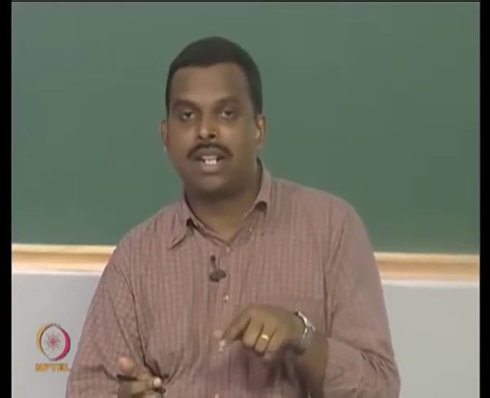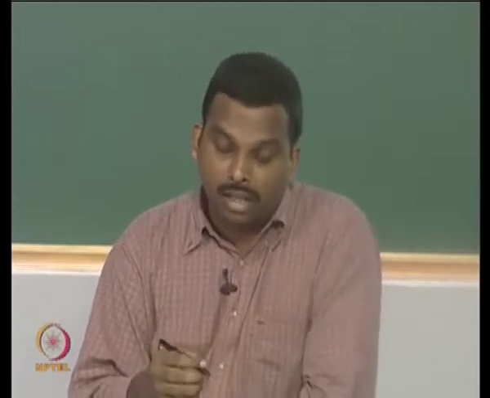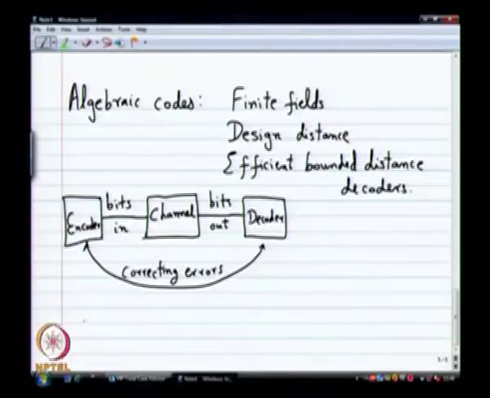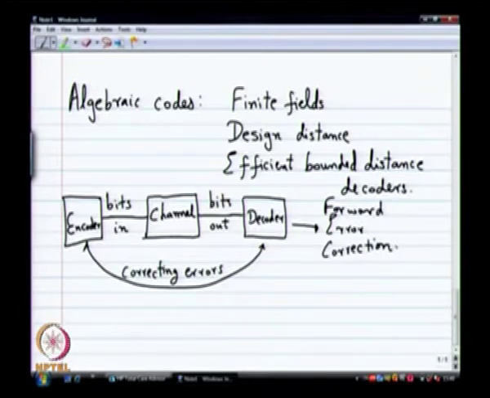People started in the late 70s, early 80s, or maybe even early 70s, talking about what is called coded modulation. This is the classic error correction picture. It was called forward error correction, or FEC, for a long time. And then people started talking about coded modulation.